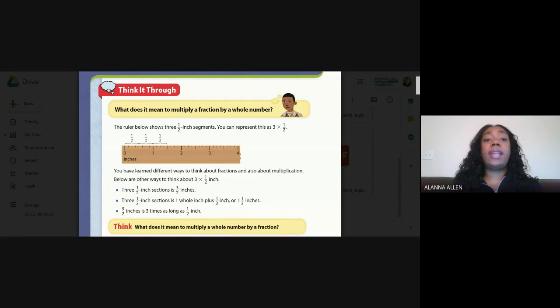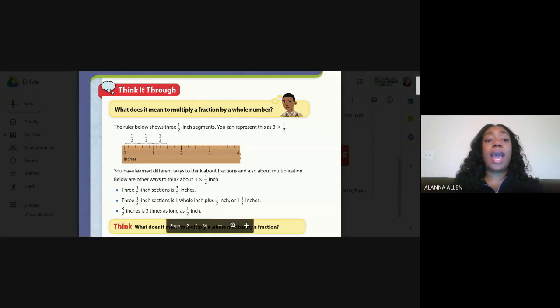Below are other ways to think about 3 times 1/2 inch. So 3 1/2 inch sections is 3 over 2 inches, because if we were to add these together, we would have 1 plus 1, which is 2, plus 1, which will be 3, and then we don't add the denominators, so it would look like 3 over 2. Okay?